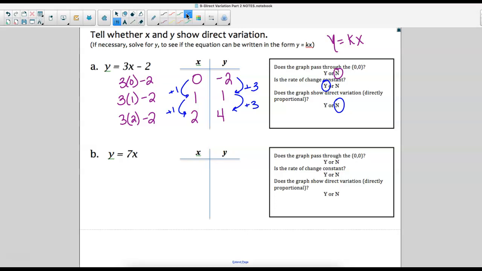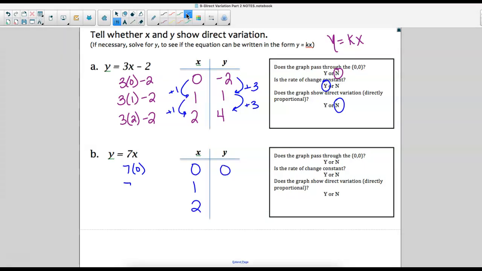So letter B, y equals 7x. I'm going to do those numbers again, 0, 1, and 2. Those are just really nice numbers to start with. Okay? So if x is 0, 7 times 0, what's y? 0.